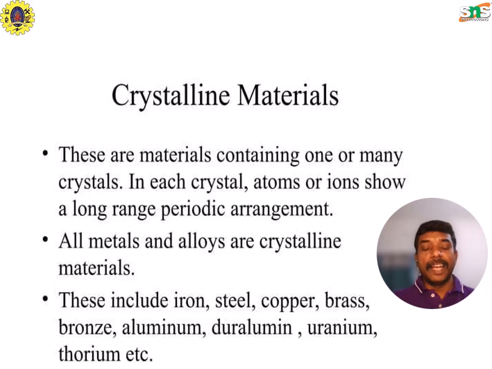Iron has a microstructure, steel has a different microstructure, copper has a different microstructure. But when you take a single material, it always follows the same pattern of the microstructure in its body. So these components are called crystalline materials.